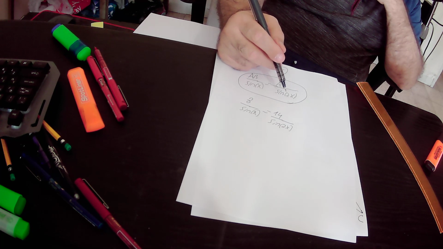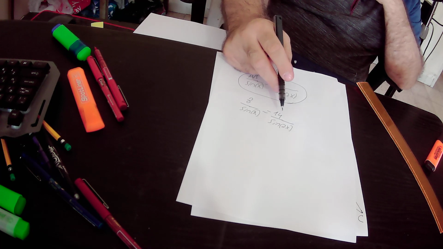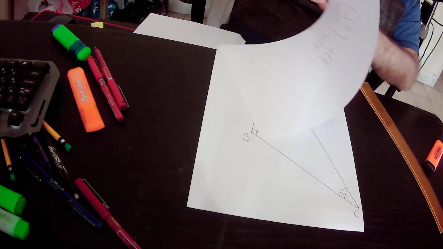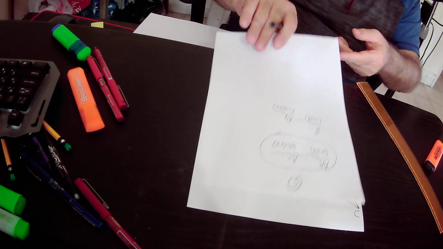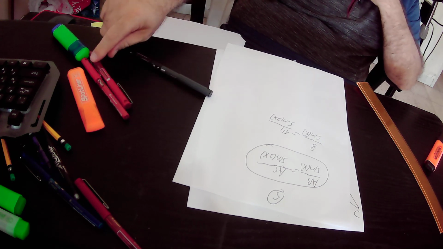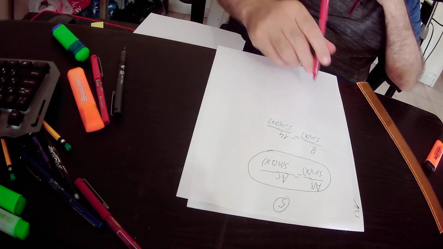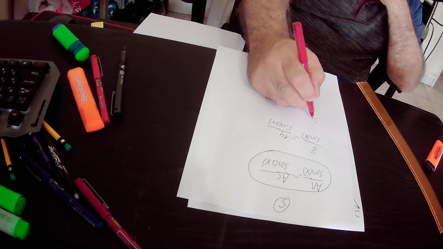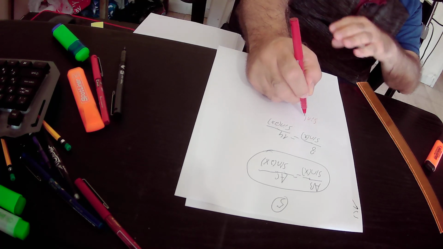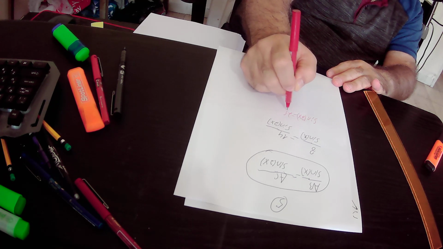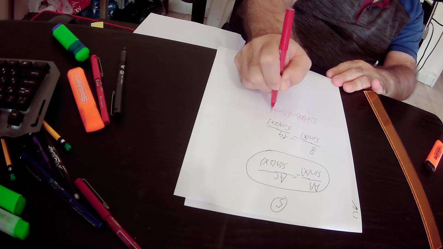And we have a trigonometric identity for the value of sine 2x. According to the trigonometric identity, the value of sine 2x is equal to 2 sine x cosine x.